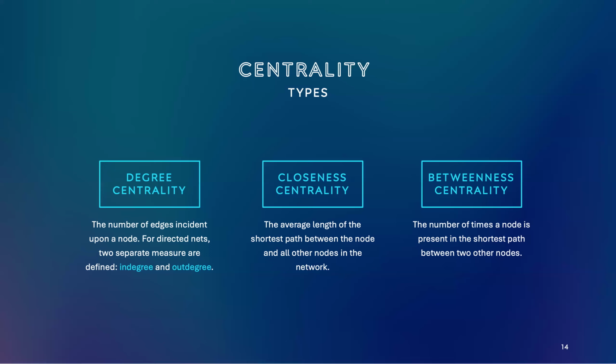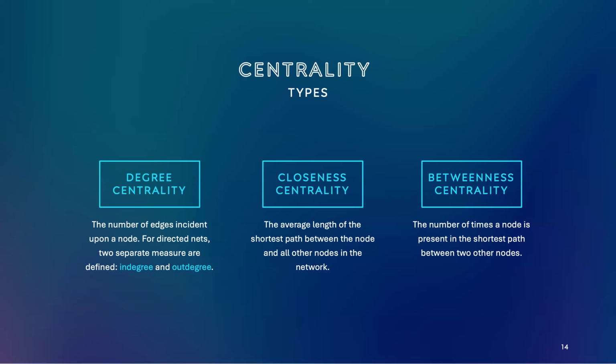And it's one of the simplest centrality measures of node connectivity. And something that you need to remember here is that for directed nets, you have two separate measures actually, an in degree and an out degree, like we saw earlier on as well.